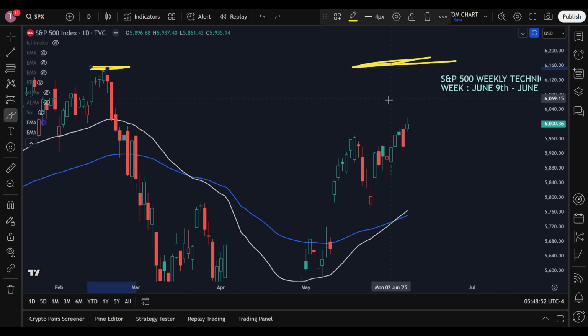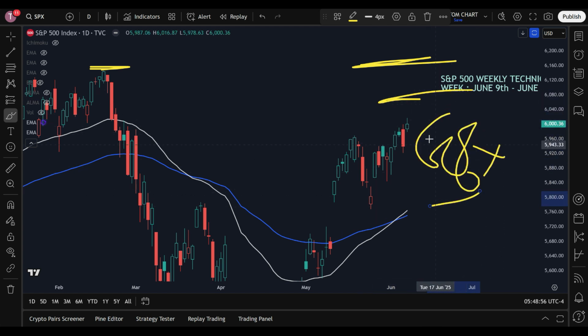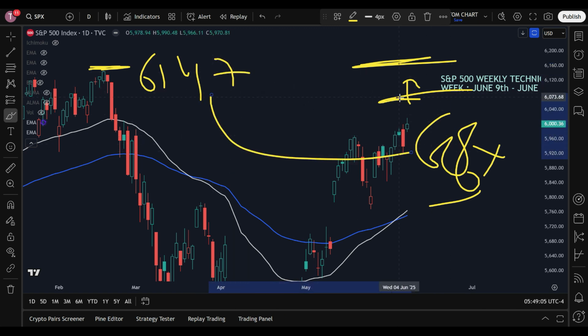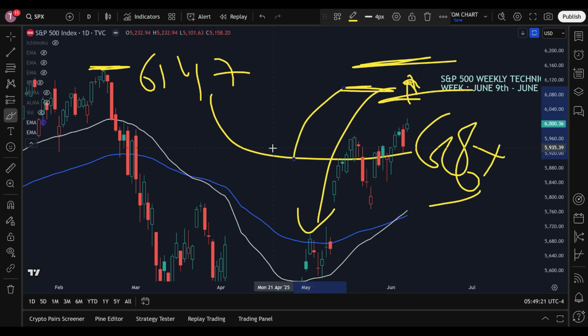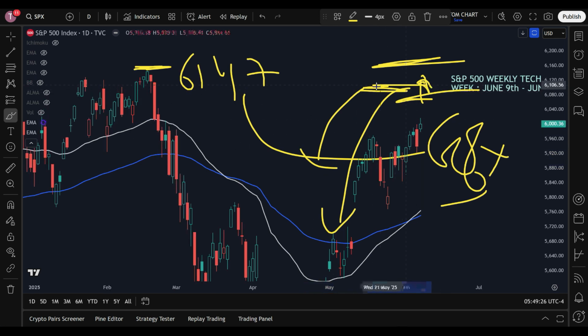Even if it breaches or sustains above 606x, somewhere in between 6147 and 606x it will fall. I will give you the precise level, the precise zone, if you're my Patreon community member. Whenever such a condition is seen, I will tell you where exactly we can anticipate this fall to happen. But this will be the natural reaction, natural rejection.